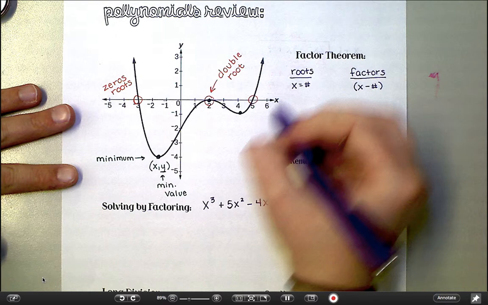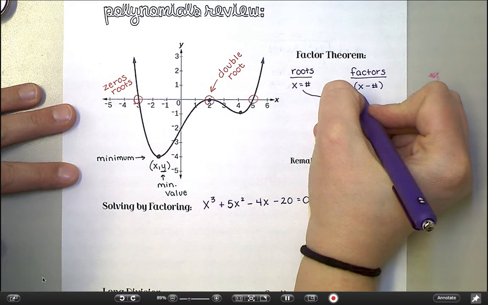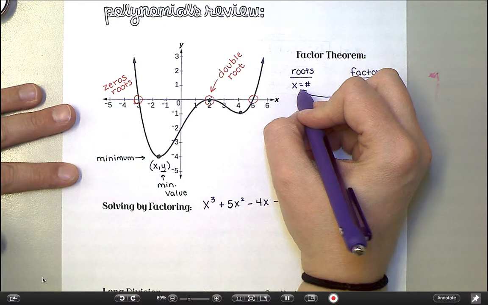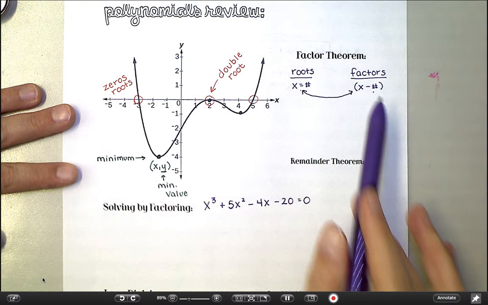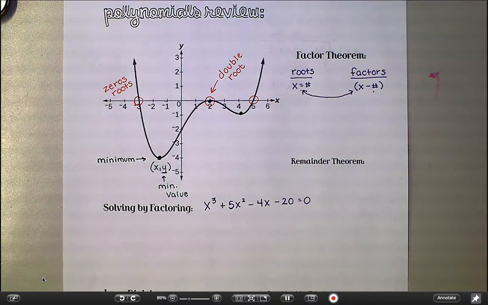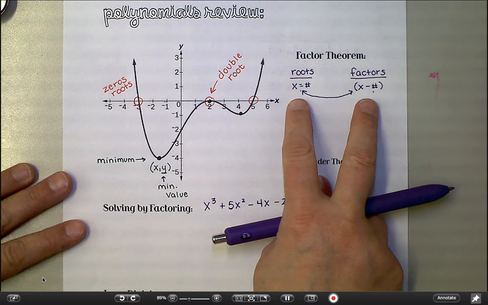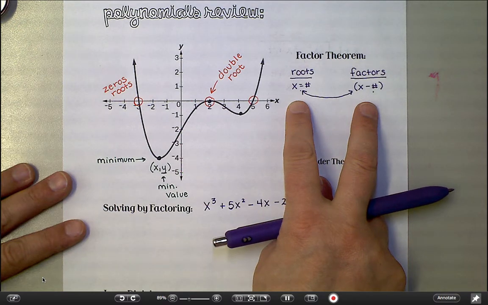And you can go back and forth between these two things. So if you know the factors, you can automatically figure out the roots. And if you know the roots, you can automatically figure out the factors. So it really depends on what the question is asking you for, but it's important to know this relationship. This is a really, really big one.